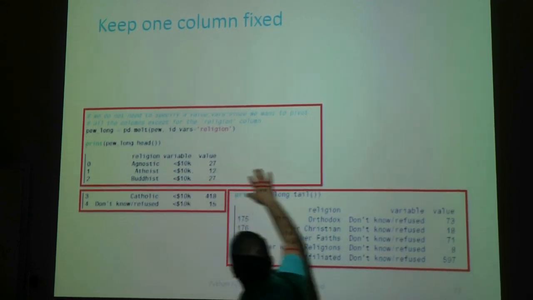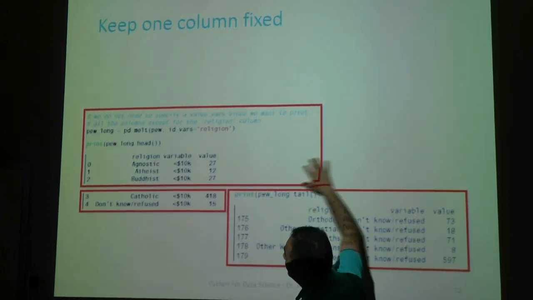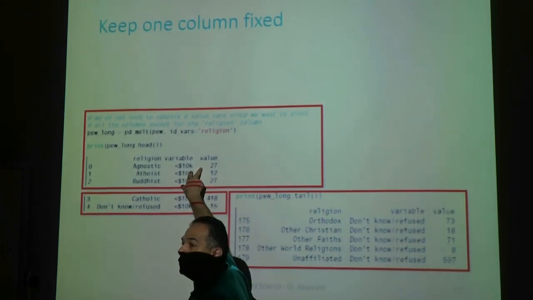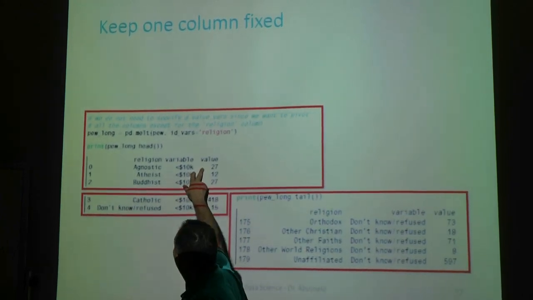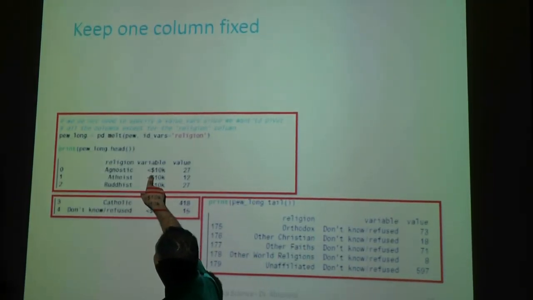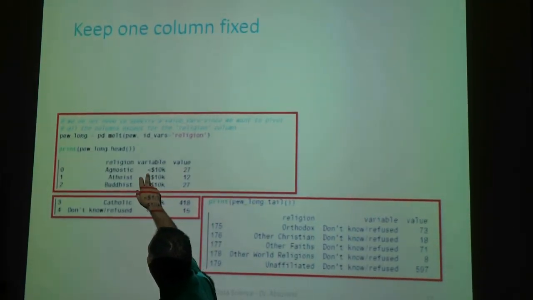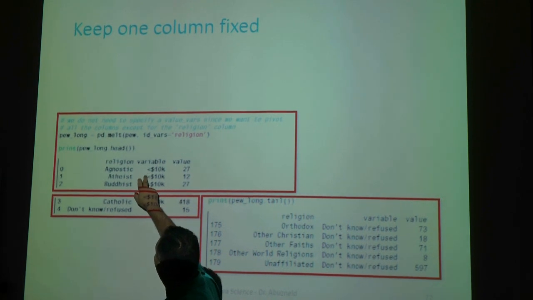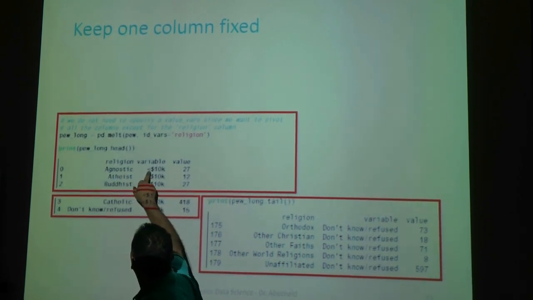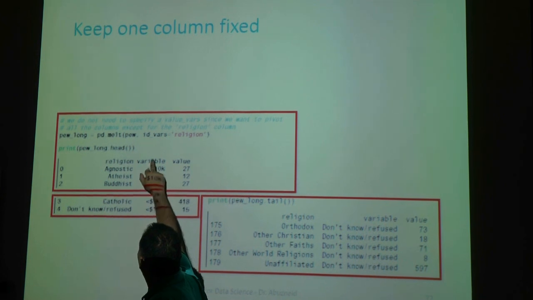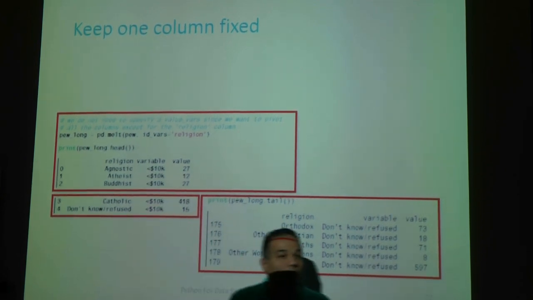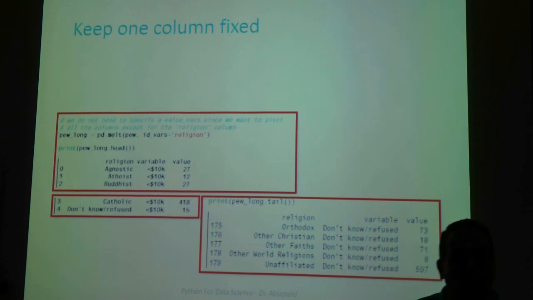So the whole line of multiple columns we converted into 2 columns. How many people are agnostic and the income is less than 10,000? 27 people.